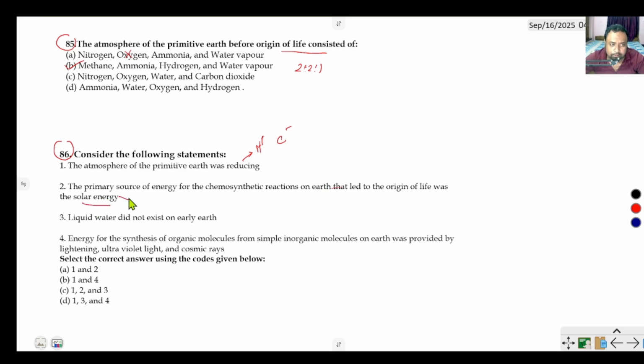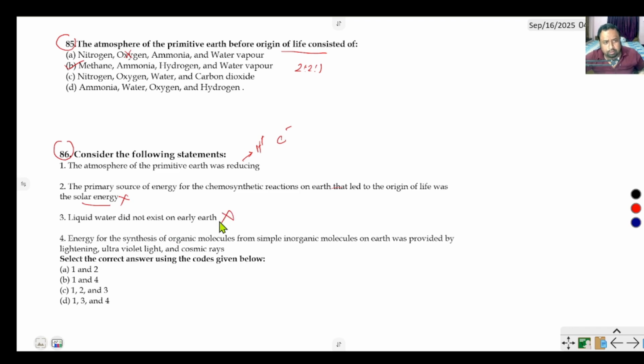Not solar energy, because solar energy is only trapped by plants during photosynthesis. But in that time, no photosynthetic organism had evolved. So solar energy is not possible. Liquid water did not exist on early earth? No, this is false.